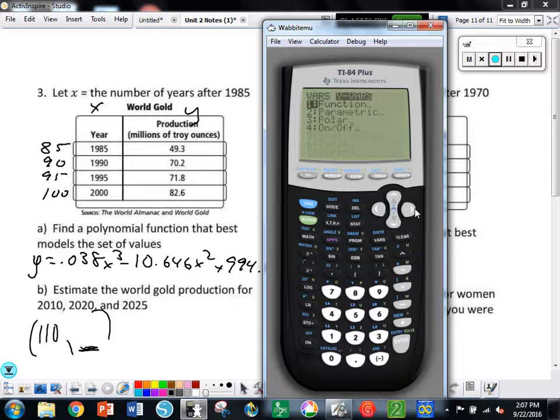I go over. Then I do a function. And I can put it in any of the y1s, but notice I'm going to put it in y1. Enter. And then I go down and calculate. Did that do anything different than what I did previously? It looks the same. But if I come back up here and hit y equals, look where it's stored.